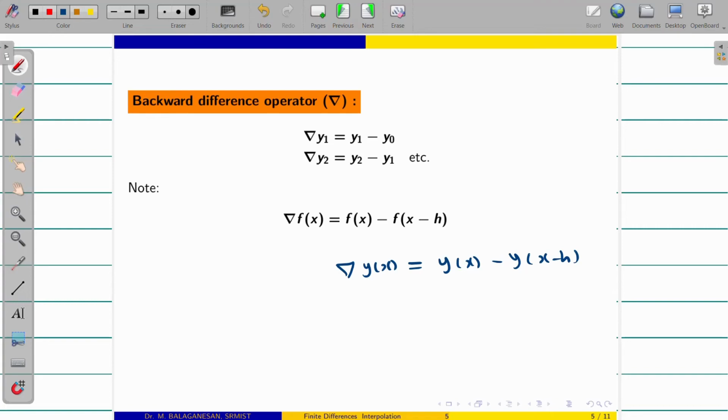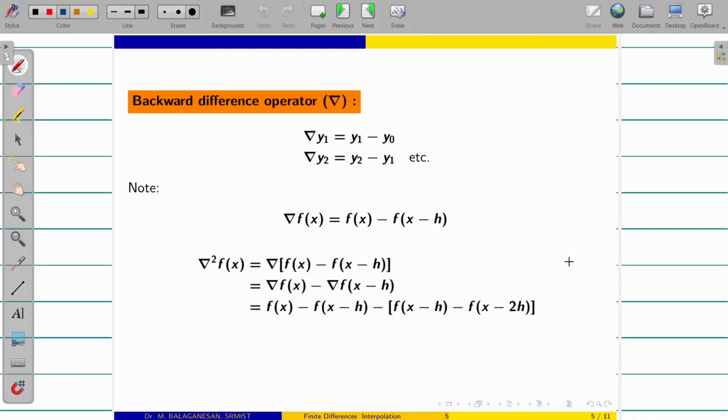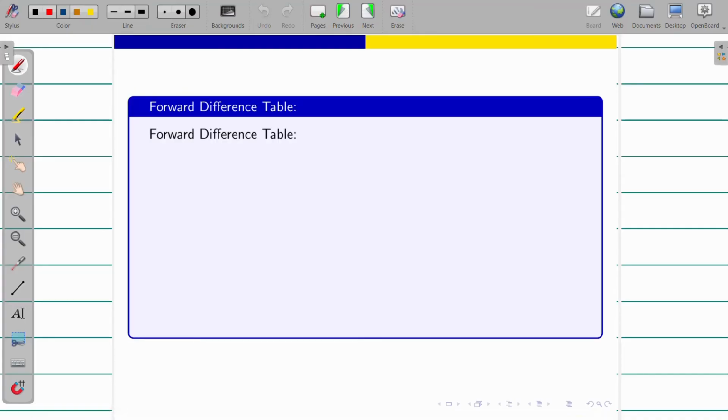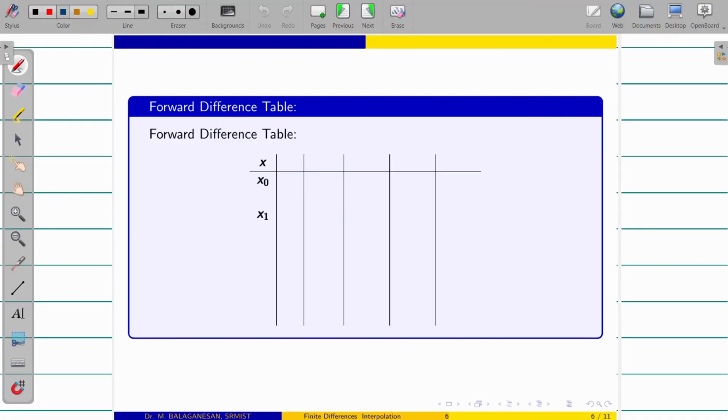Apply the backward operator concept if it is a function. Similarly, we can define the second difference, backward. That's it. Now I can easily explain those things with the help of this simple difference table.